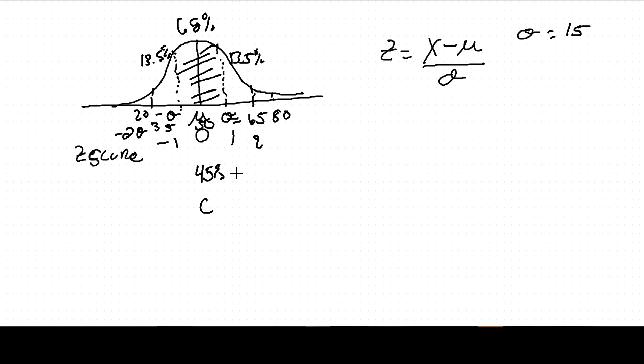If you got a grade like a 60, because that's one standard deviation away, that would be your B. If you got a 75 or above, that would be your A. If you got one standard deviation below that, which is a 30% on a test, that would be your D. And then anything lower than a 30 would be an F.